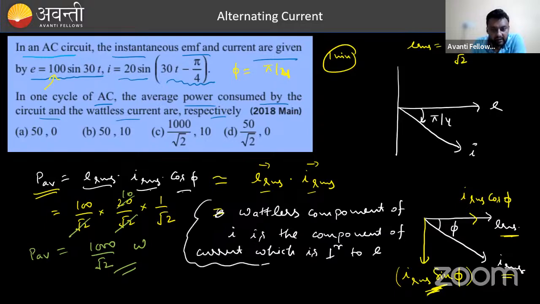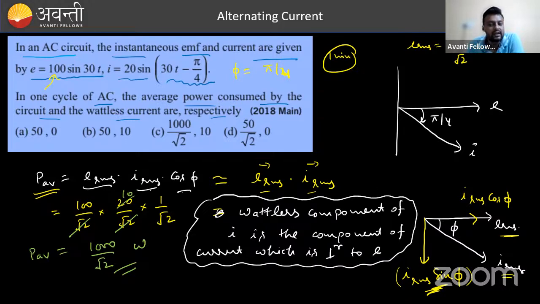Can you note down this line as a punchline? And if you can note down this line as a punchline, then the calculation is very simple.